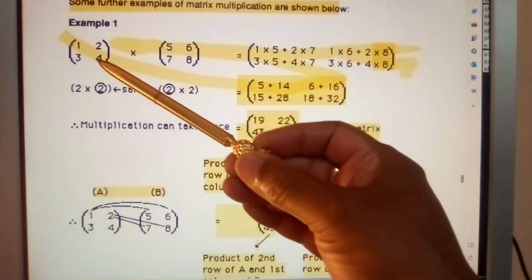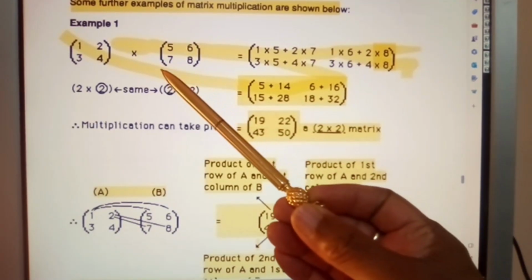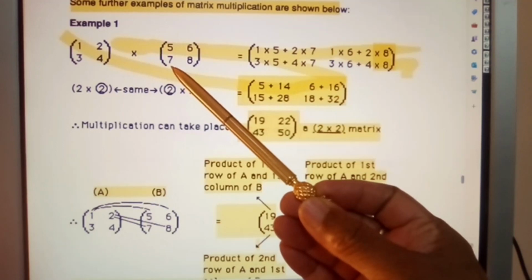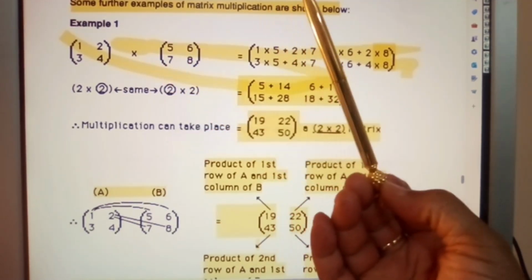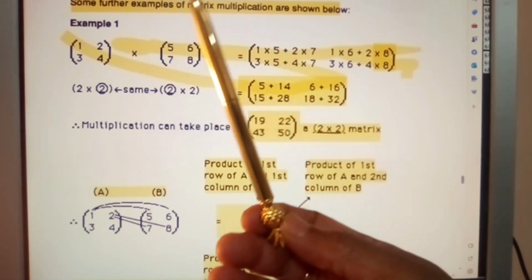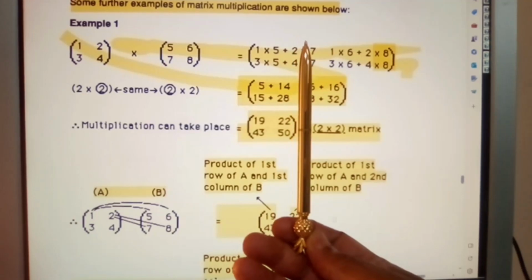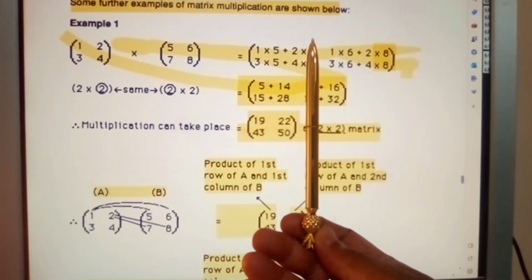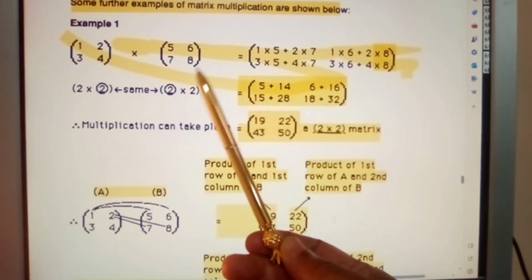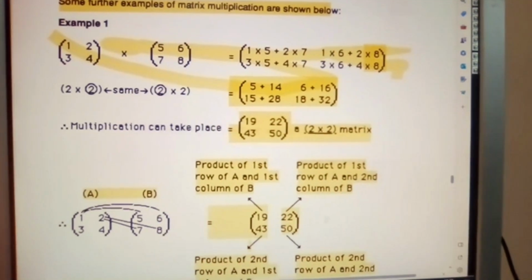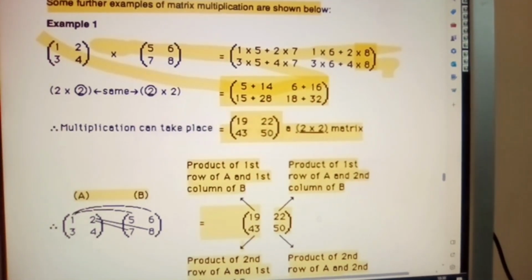5 times 1 plus 2 plus 2 times 7. Okay. Right.